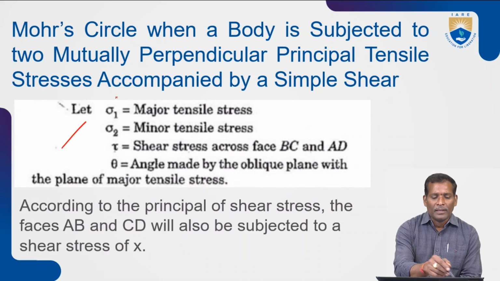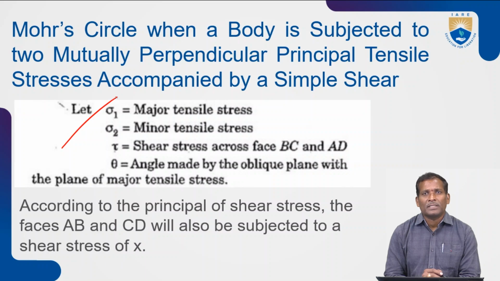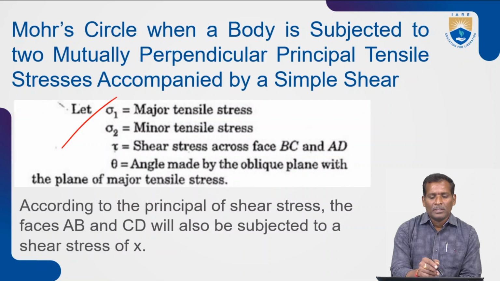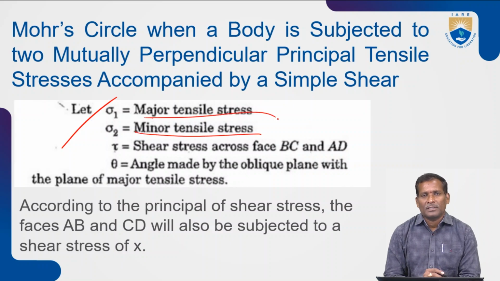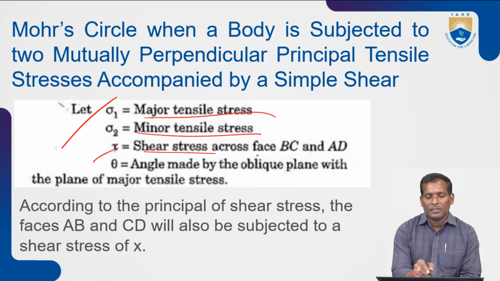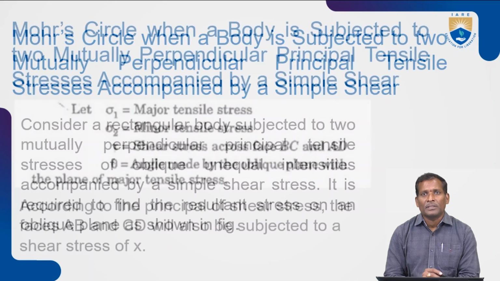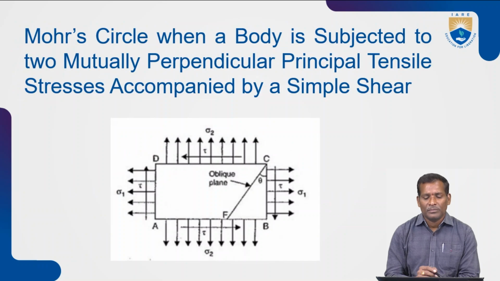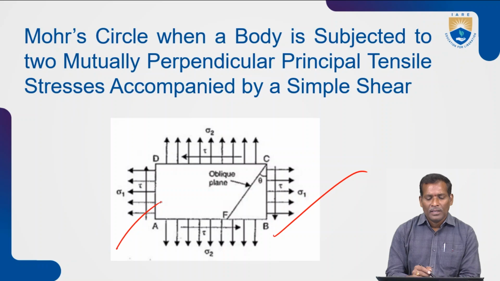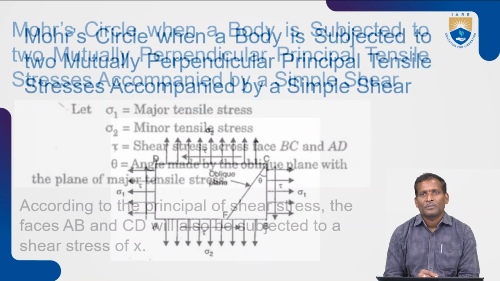So here let us assume sigma 1 is the major tensile stress. Sigma 2 is the minor tensile stress. And tau is the shear stress across faces BC and AD. So across faces BC and AD means in the diagram shown here, the BC and AD and AB and DC. These are the faces of a rectangular body.